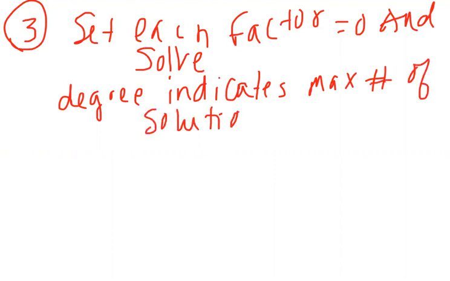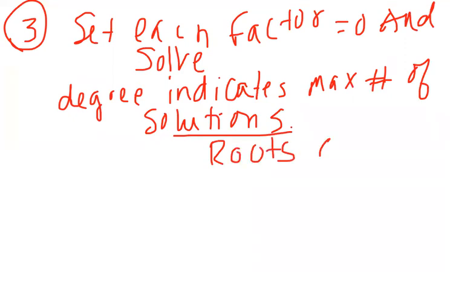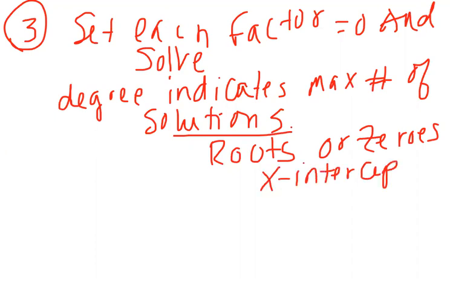So if you've got a 4th degree polynomial, then you're looking at potentially a maximum of 4 solutions. Now remember, guys, solutions, roots, or zeros, they mean the exact same thing. So if they ask you to find the zeros, the roots, the solutions, they all mean the same thing. X-intercepts, yes, those mean the same thing as well.